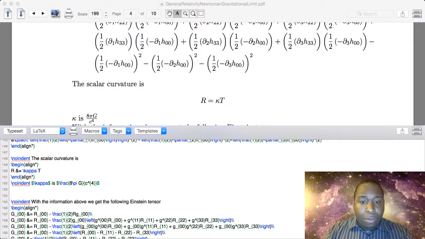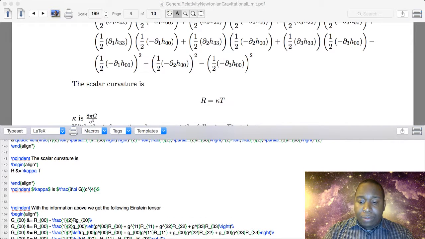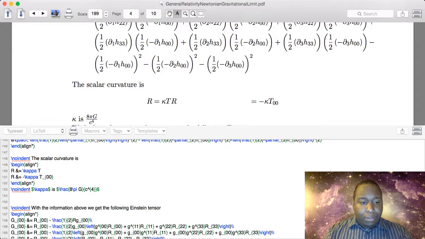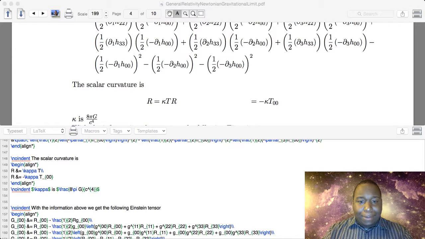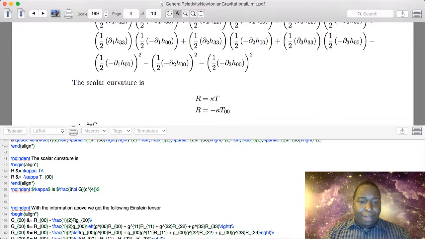And so what we end up getting from that is that R reduces to being negative kappa times T sub 0, 0. And let's format that so that it looks better than what it is right now. All right, that's better.